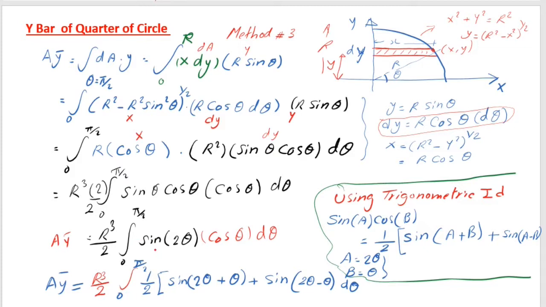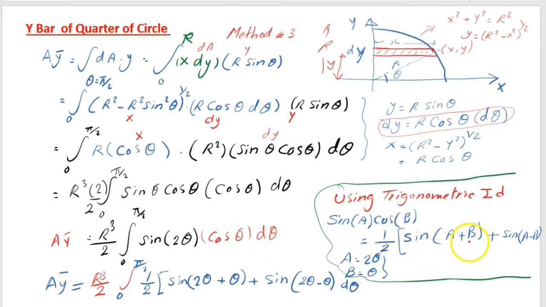In this case, we have sine 2 theta multiplying cosine theta d theta. We recall the expression that sine A cosine B equals 1/2 of sine A plus B plus sine A minus B. Our A is 2 theta, the first angle, while the second angle is theta.